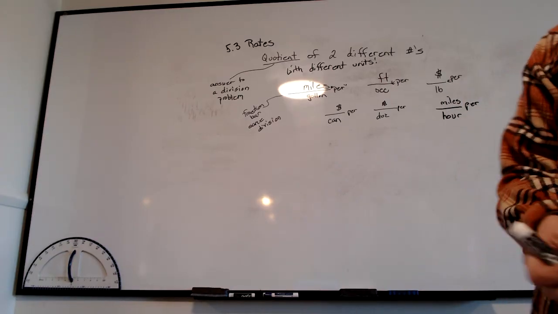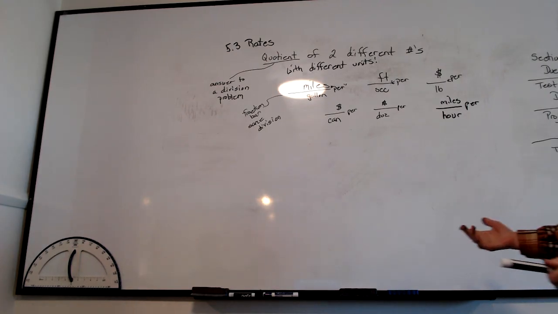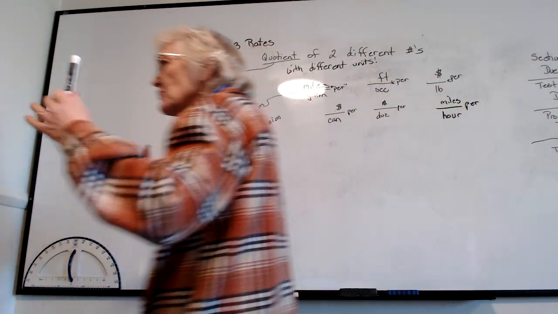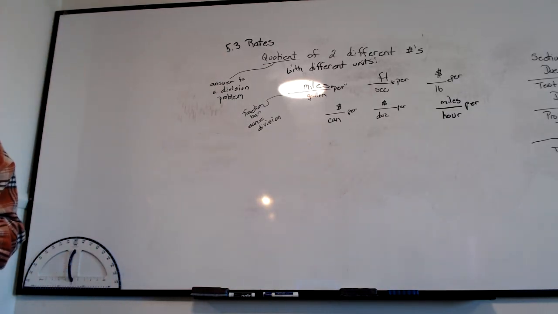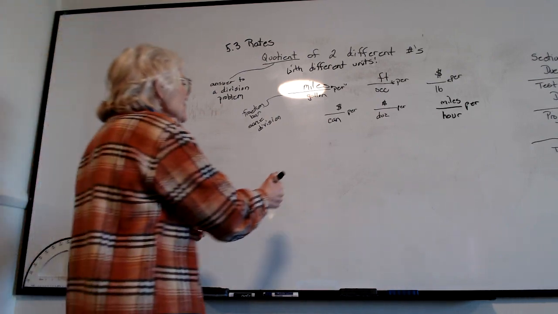So those are all the types of rates that we can have. Rates can have any numerator or any denominator. Oh, actually, I want to add something. Population per year. That is true, we do that.